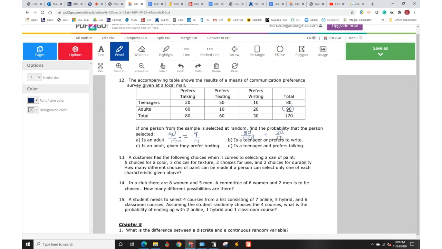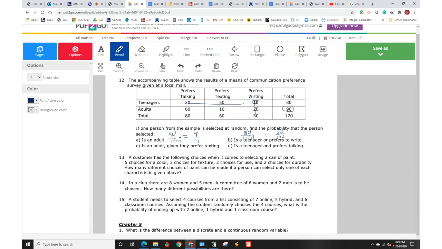Now, since these have an intersection, so teenager, this is where they meet up.